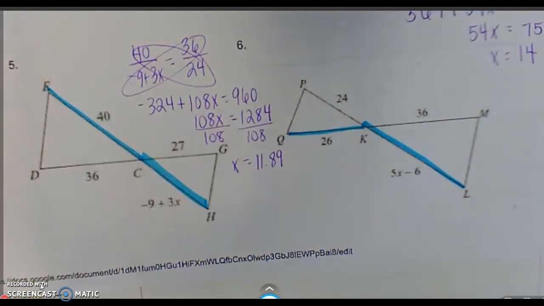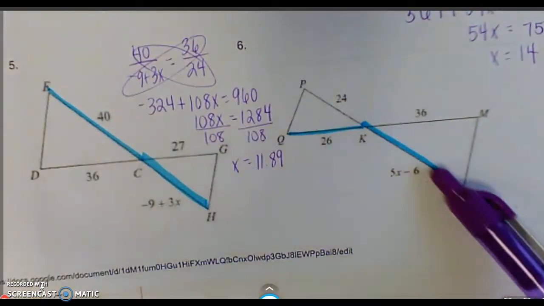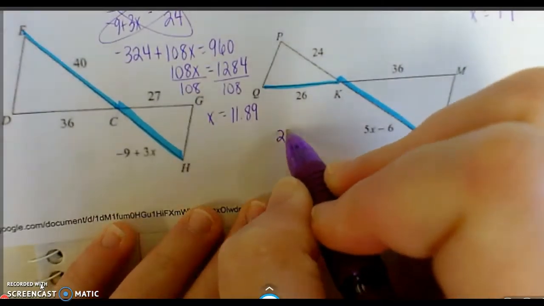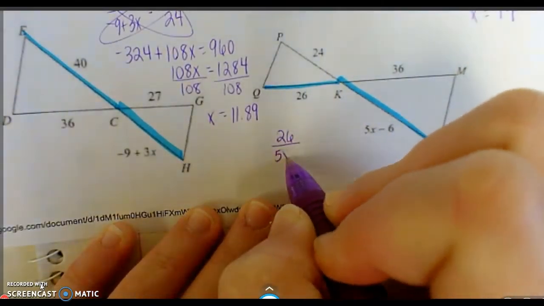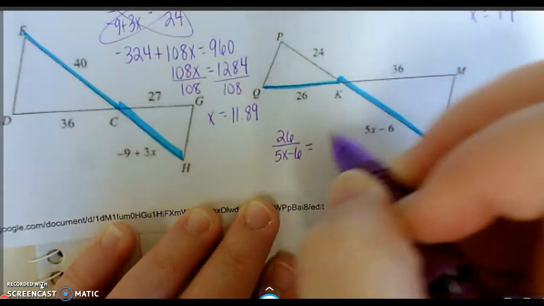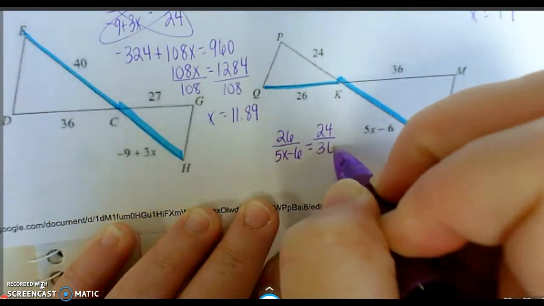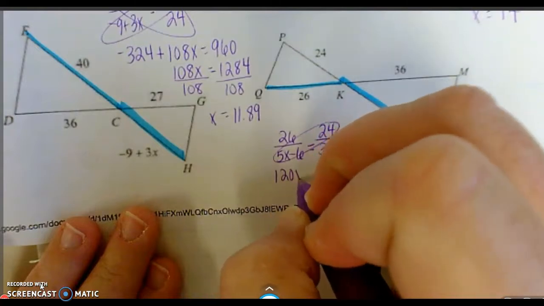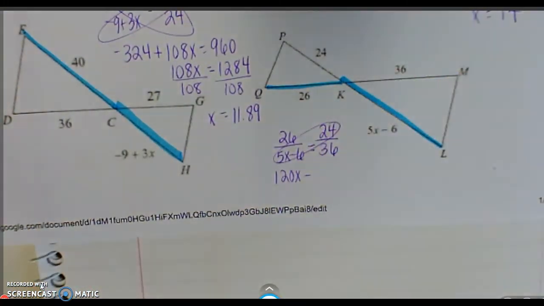Again, just a reminder, when you're looking at it, sometimes it's crossways and sometimes it's the same one on the other side. Alright, so we've got 26 over 5x minus 6 equals 24 over 36. Cross multiply. 5 times 24. 6 times 24.